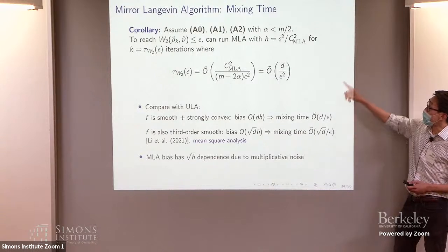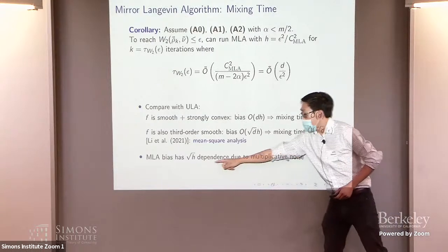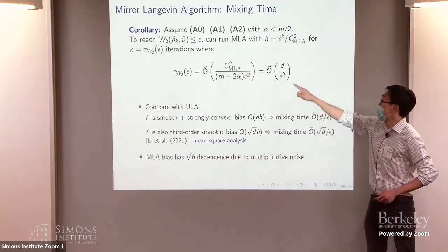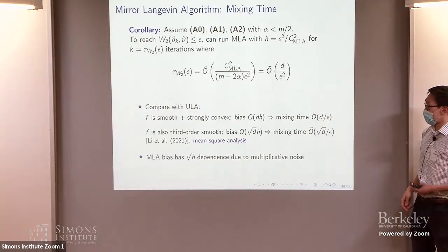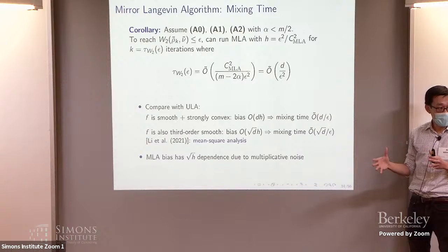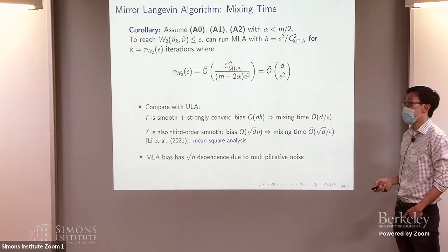But for this mirror Langevin algorithm, the bias scales as square root of the step size, and that's what gives us this 1 over epsilon squared dependence. This is essentially because we are discretizing an SDE with what's called multiplicative noise, with changing covariance. So we lose an order.